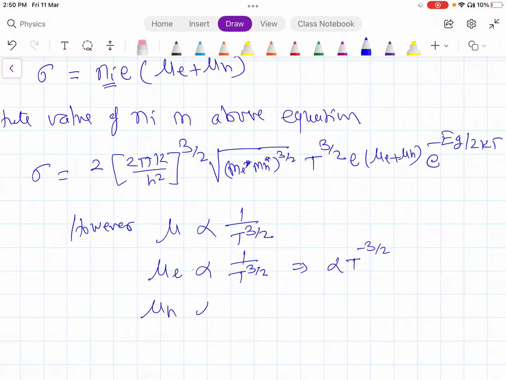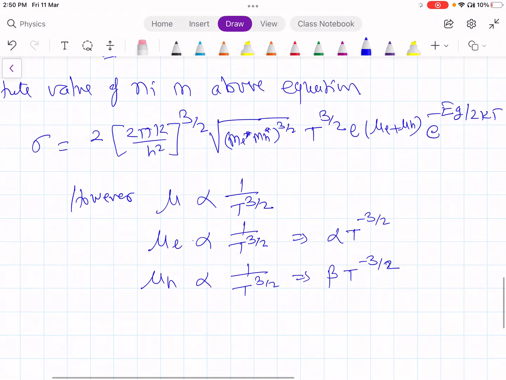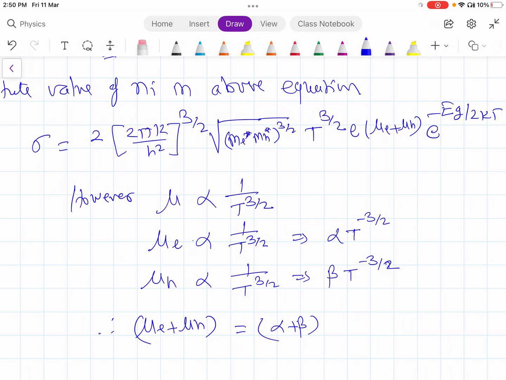Similarly, mu h, the mobility of holes, is also inversely proportional to T raised to 3 by 2, that is beta into T raised to minus 3 by 2. Therefore, mu e plus mu h is equal to alpha plus beta into T raised to minus 3 by 2.